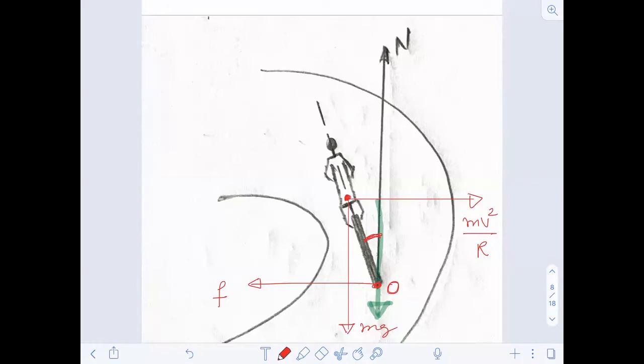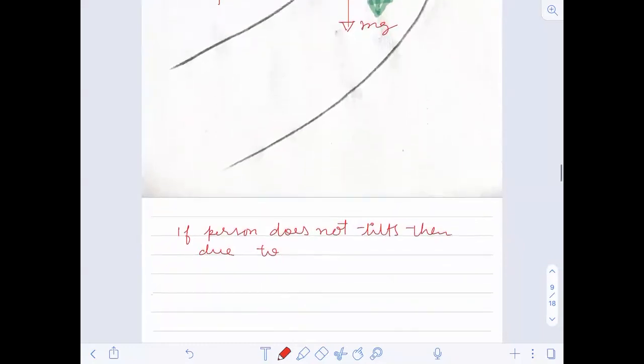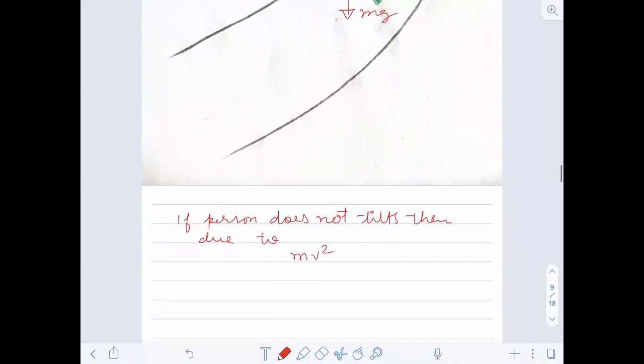So if the person does not tilt, then due to the mv square by r torque, he topples.